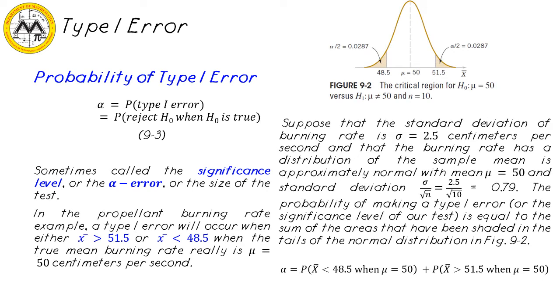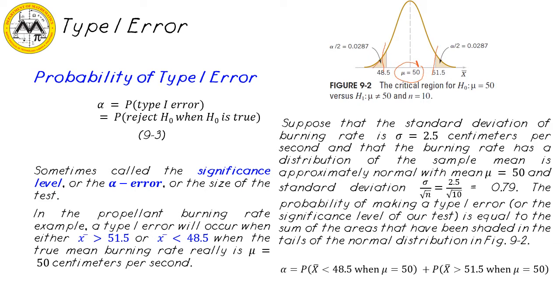Considering the propellant burning rate example, we have identified that the mean is really indeed 50. So we have the mean is 50 and our critical values would be 48.5 and 51.5.